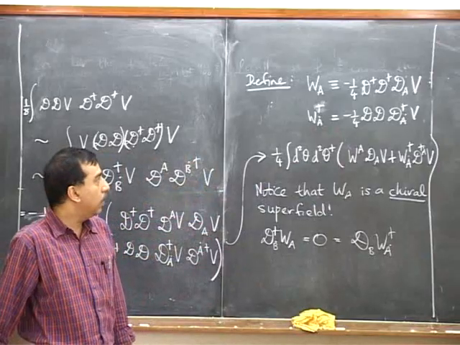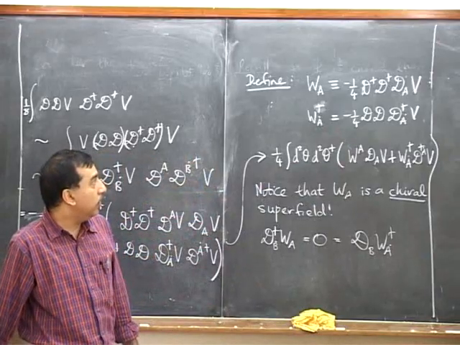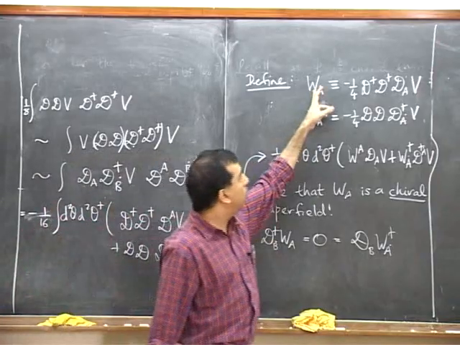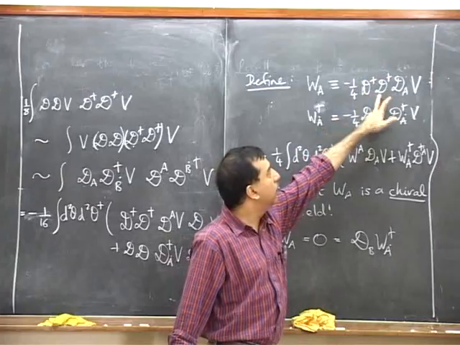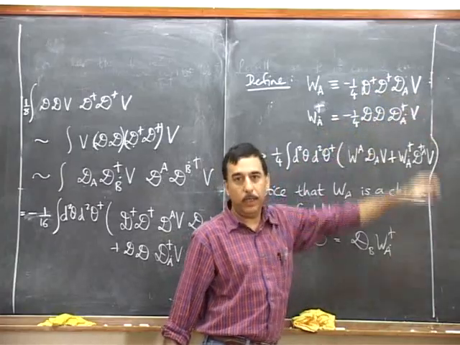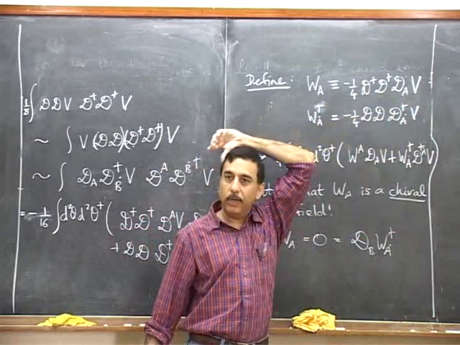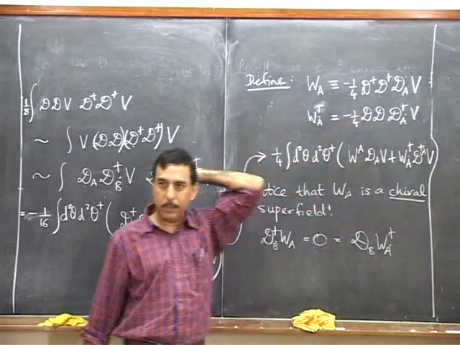How will we prove that? It's not absolutely simple. You'd have to take D daggers on this, so you have D dagger, D dagger, D dagger, D on B, and 3 D daggers can be shown to give you 0 for the purposes here.